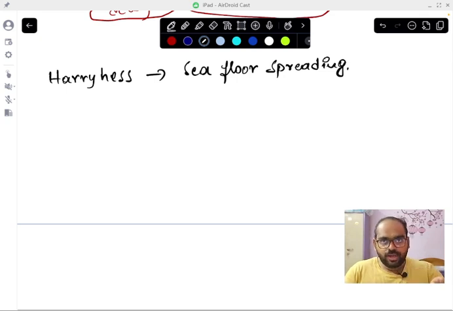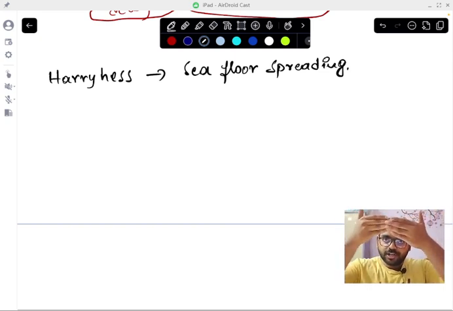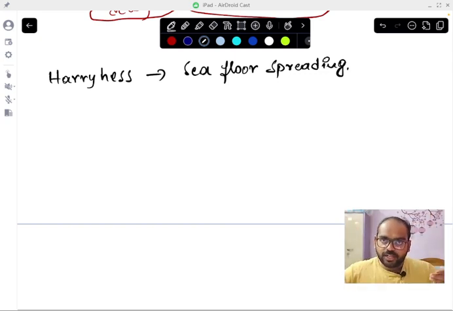According to Harry Hess, based on the convectional current theory of Arthur Holmes, the sea floor is getting separated, that is, spread due to rising of magma. It's hitting the oceanic crust, and the oceanic crust is getting separated, and this separation led to the drifting apart of the continents. Due to sea floor spreading, continents are drifting apart. This is called sea floor spreading. It was proposed by Harry Hess. What is sea floor spreading?